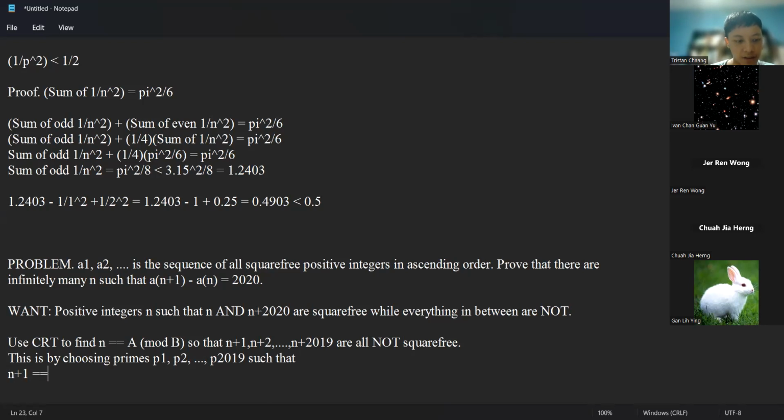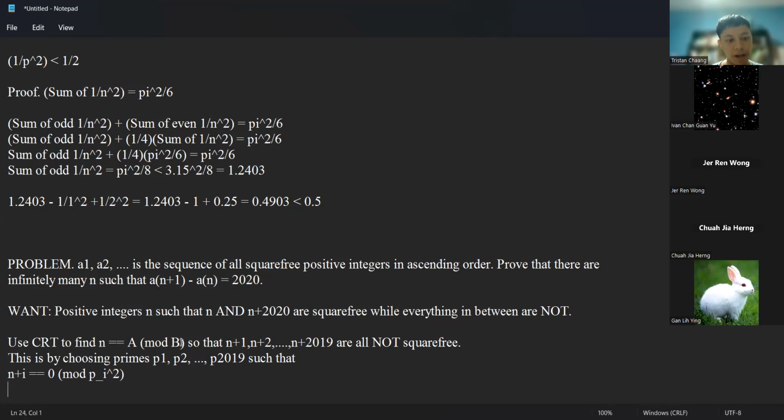n plus 1 is 0 mod p1 squared, n plus 2 is 0 mod p2 squared, and so on, n plus i is 0 mod pi squared. So this ensures that they're not square free.